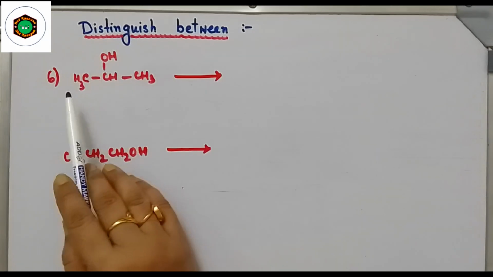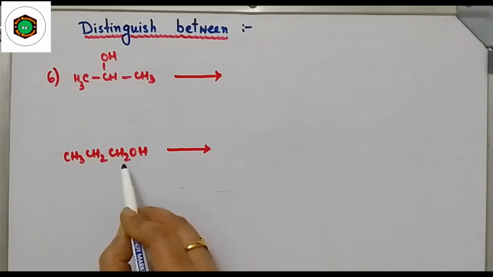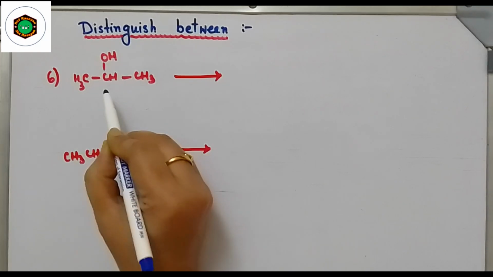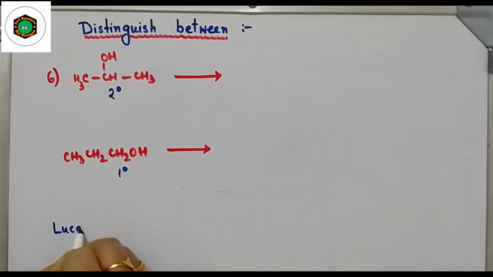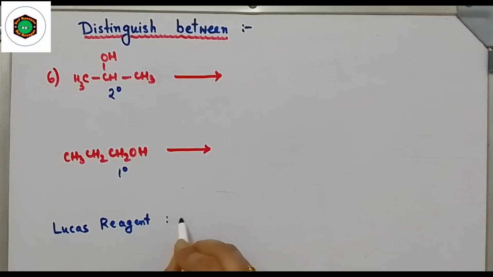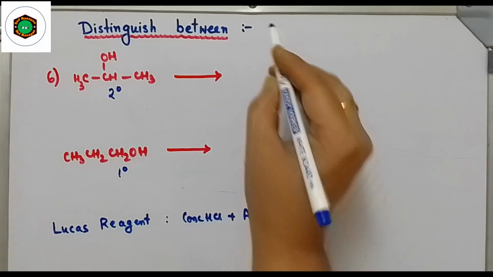Now this is isopropyl alcohol, this is primary and this is secondary alcohol. So how to distinguish between the two? If you treat these two compounds separately with Lucas reagent, which is an equimolecular mixture of concentrated hydrochloric acid and anhydrous zinc chloride, you will get what here?